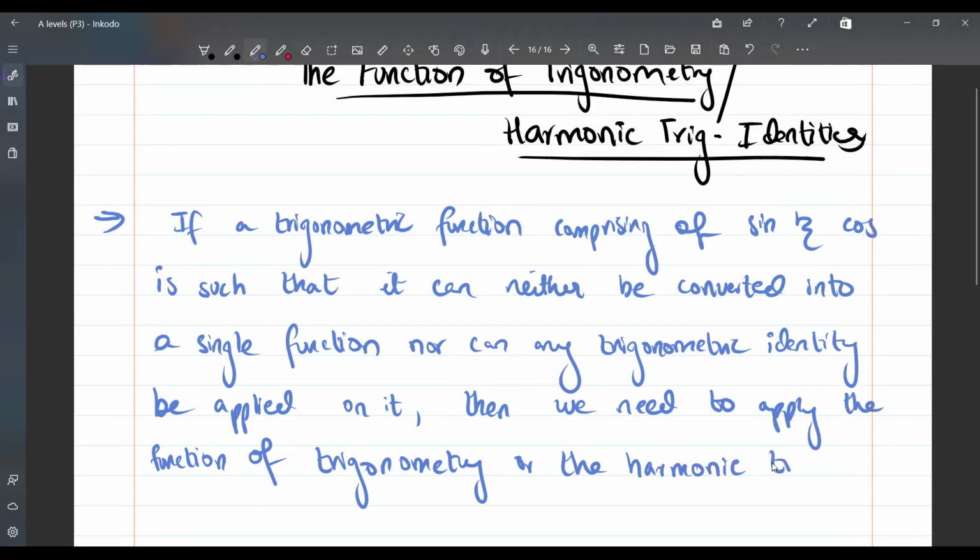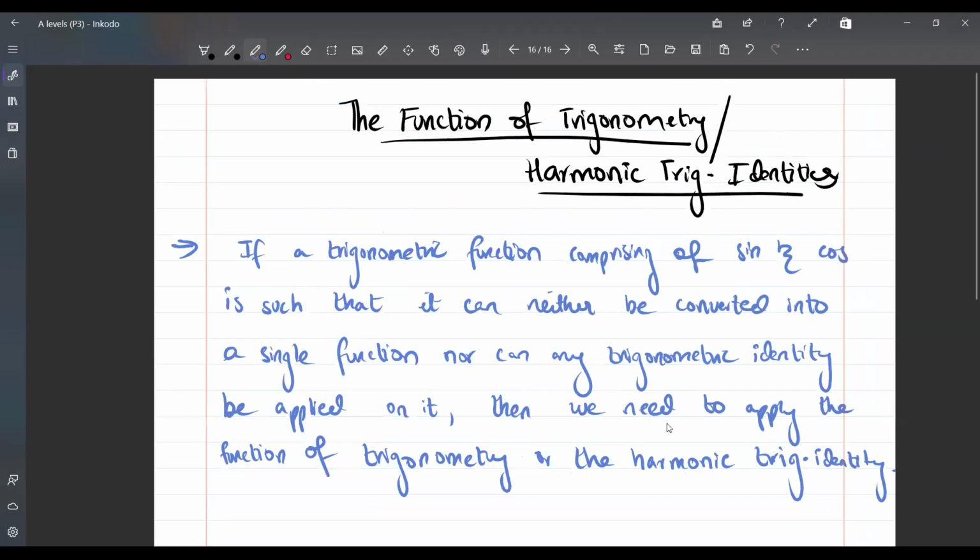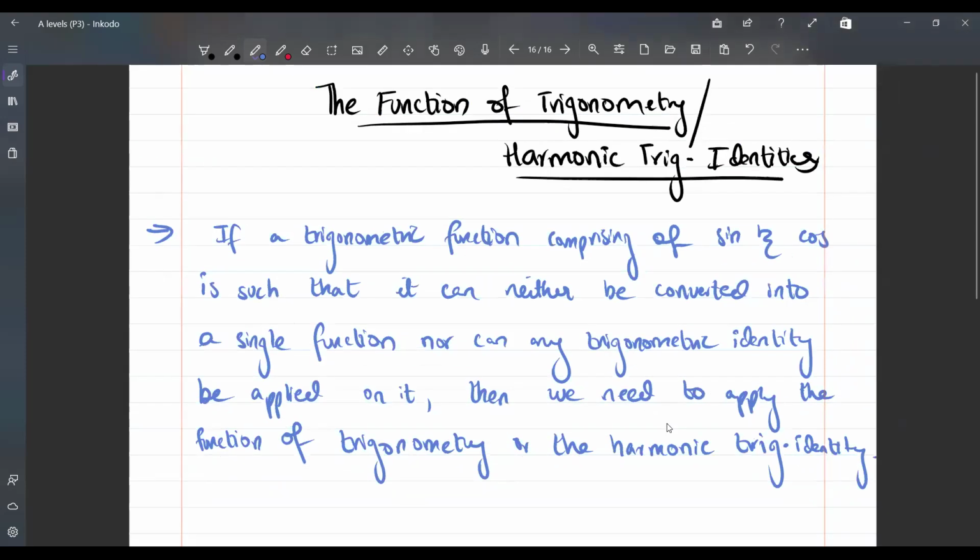So if a trigonometric function comprising of sine and cos is such that it can neither be converted into a single function, nor can any trigonometric identity be applied on it, then we need to apply this function of trigonometry, or the harmonic trigonometric identity.